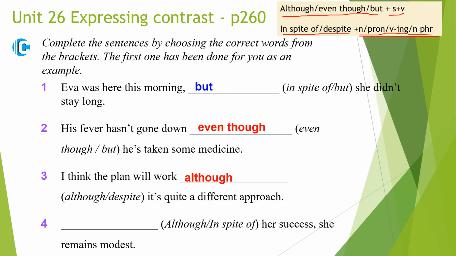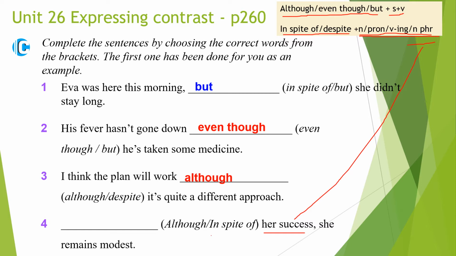All right, last one, number 4 in this slide. Although her success, or in spite of her success, she remains modest. What is your answer? Can you see, her success is a noun phrase, right? So we use in spite of or despite.